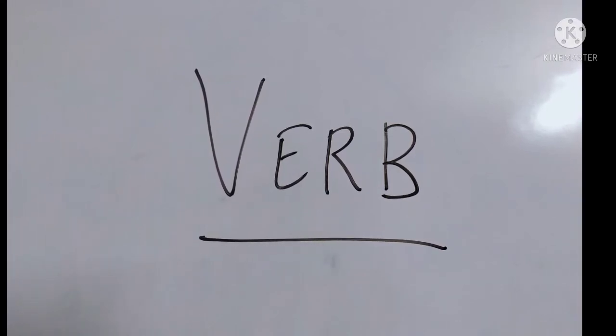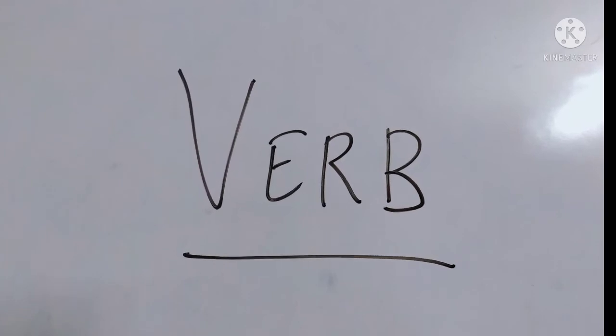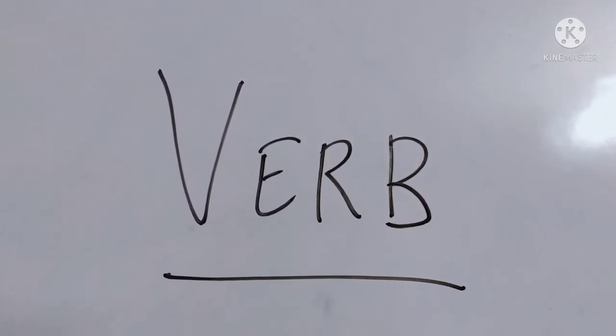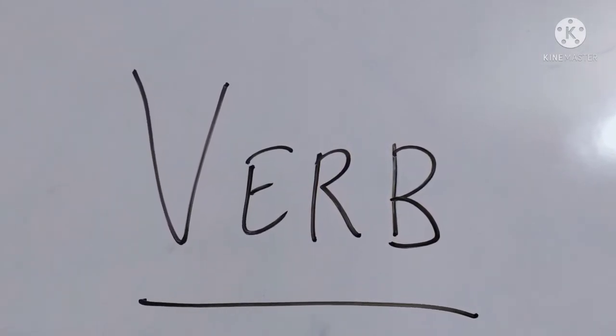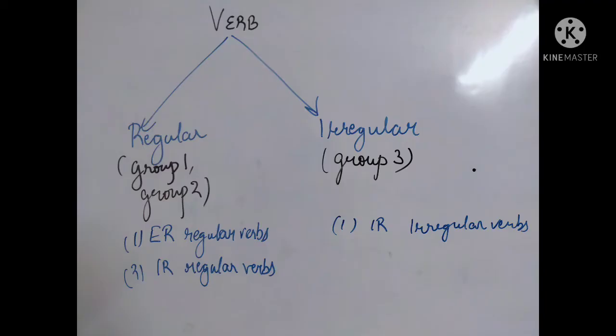Okay, and it also indicates when the action or the state of being takes place, either in the past tense or in the future or in the present tense. Now the French verbs are divided into two categories.